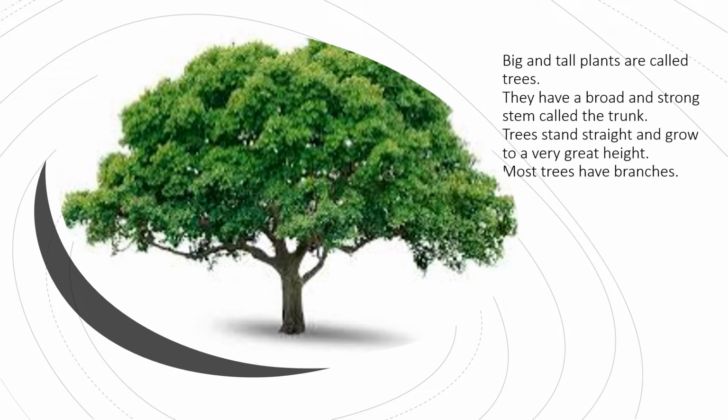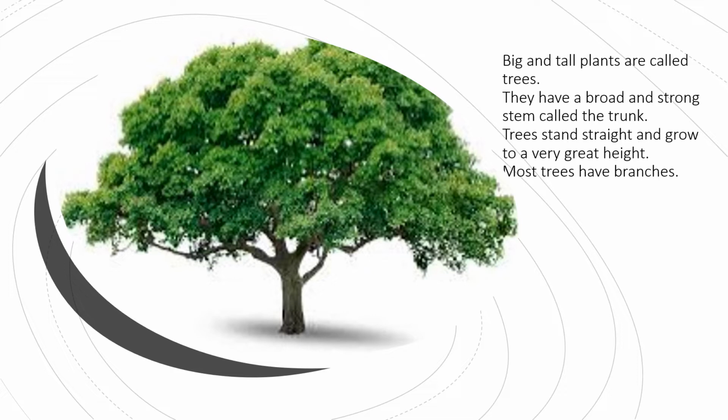They stand straight. Can you see this picture here? They are even taller than your parents, children. Very tall, really very, very tall. I'm sure you see them outside your house. The mango tree, the banyan tree, many trees. Okay, so these are trees.